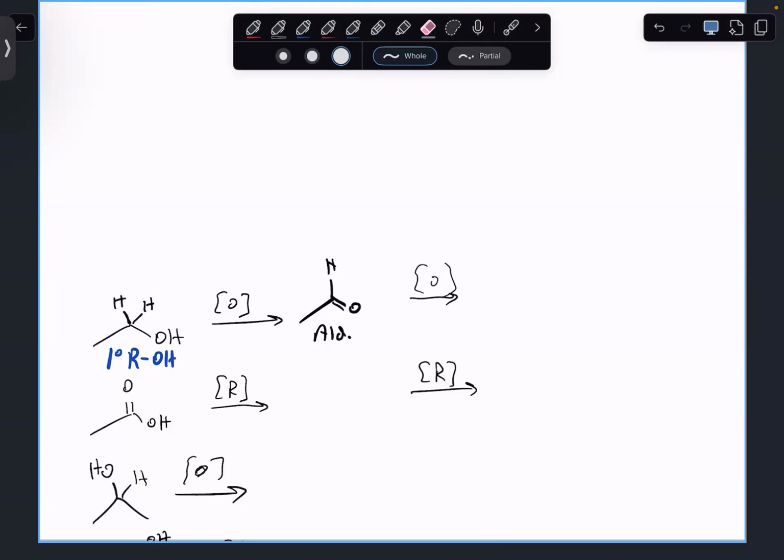Well, one easy way to do it is just look at the carbon that becomes the carbonyl and look at how many hydrogens you have. Here we've got 2 hydrogens. Here there's only 1. We've lost hydrogen in going from the alcohol to the aldehyde. You can also kind of think of it from the viewpoint of the oxygen. This has 1 bond to oxygen. This has 2 bonds to oxygen. So the aldehyde is more oxidized than the alcohol.